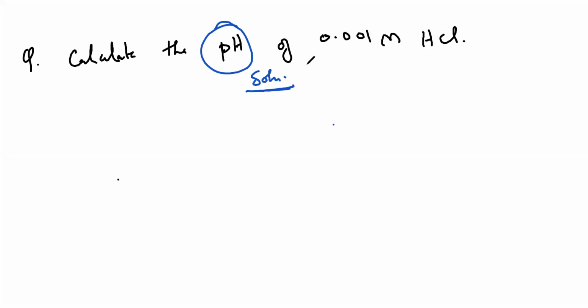First thing for us is HCl gives H plus and Cl minus. And they have given 0.001. So here the H plus will be what? 0.001 m only. So this is the first understanding that we have to have.